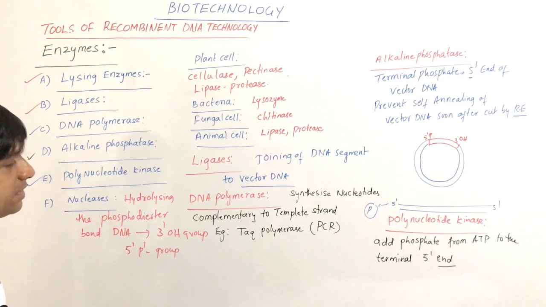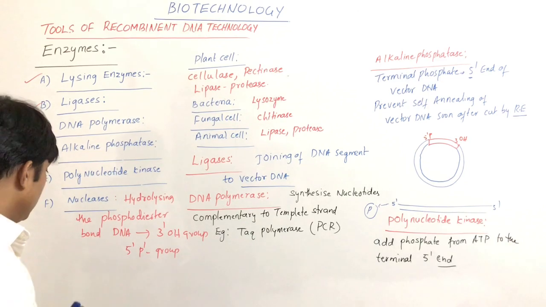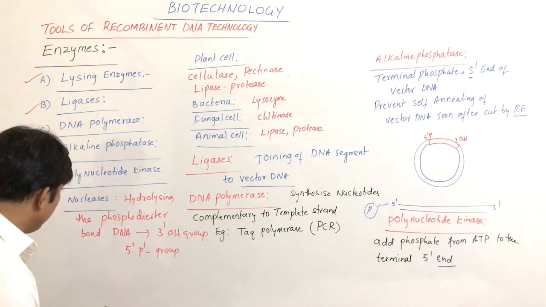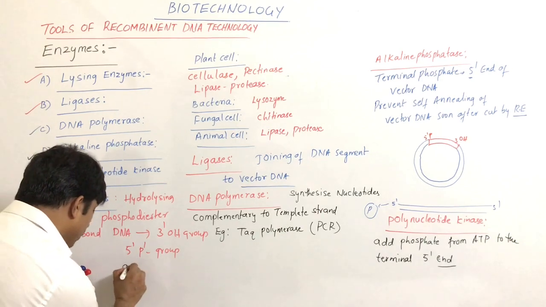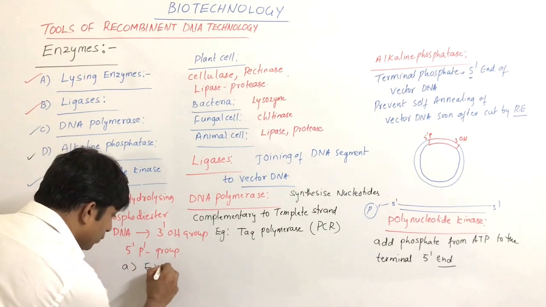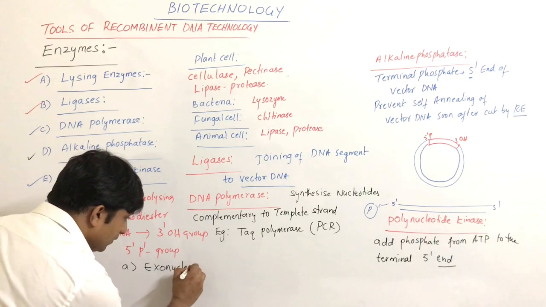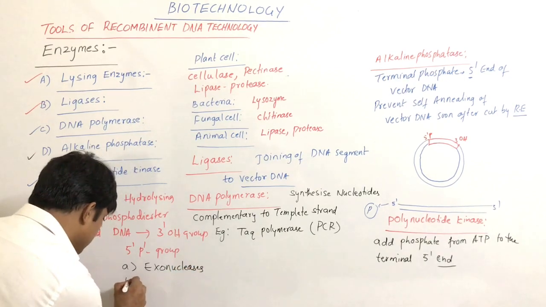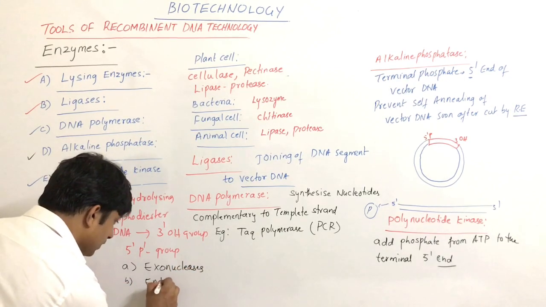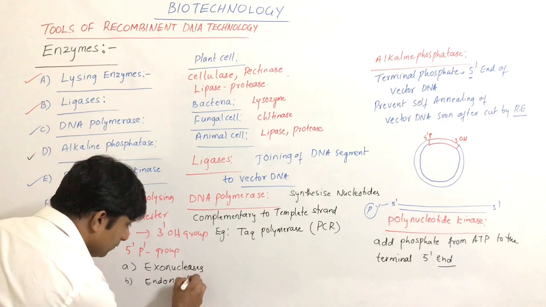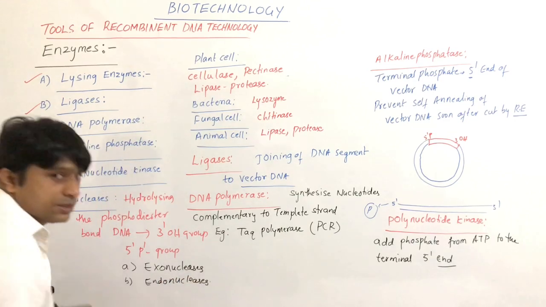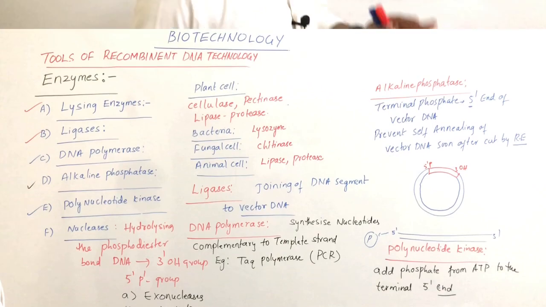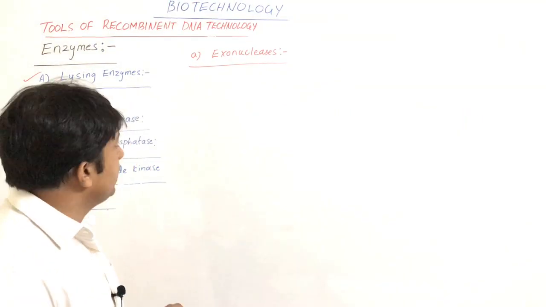So these nucleases are of two types. They are exonucleases and endonucleases. Two types of nucleases, exonucleases and endonucleases. First, exonucleases.